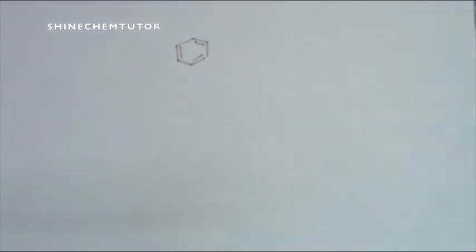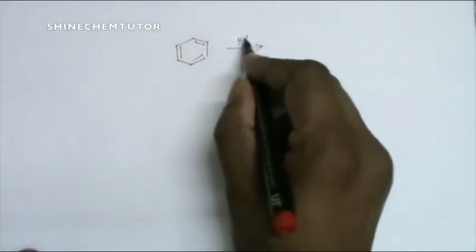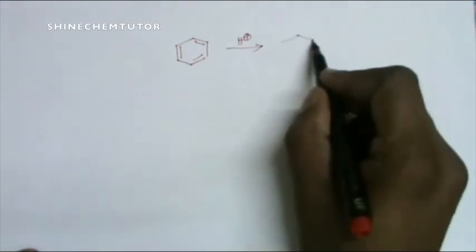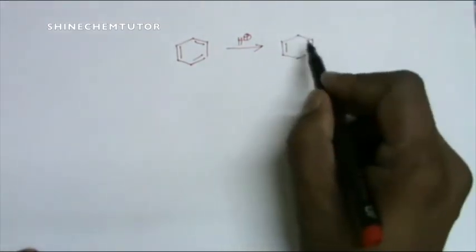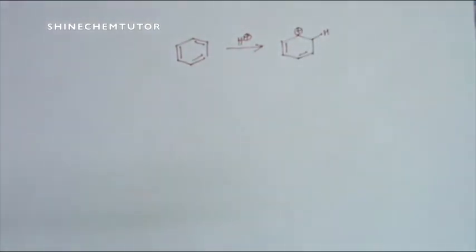Here let us discuss the aromatic system also. In the case of benzene, I have 3 double bonds. So when I add H plus, the double bond will attack this. I get this intermediate.